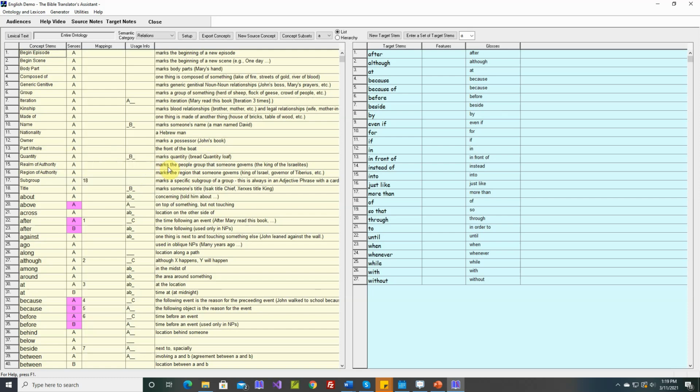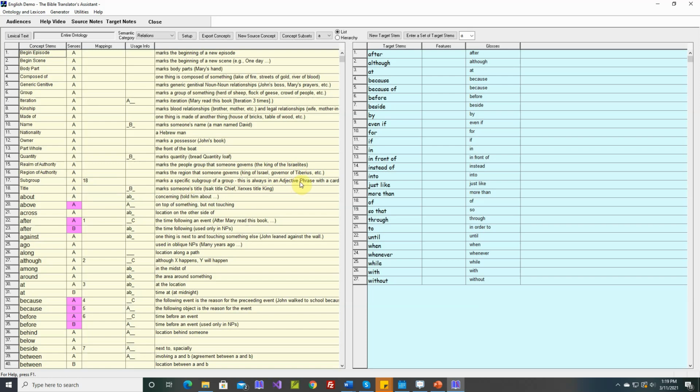Realm of authority marks the people group that someone governs, like the king of the Israelites. Region of authority marks the region that someone governs, like king of Israel. So this is a country. Governor of Tiberias. This is a place, not a people, as up here. Subgroup, we've talked about this. Okay, this doesn't mark noun-noun relationships.